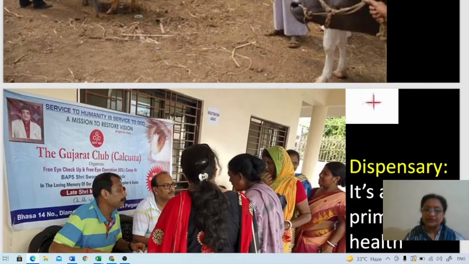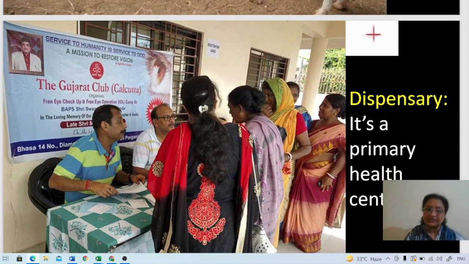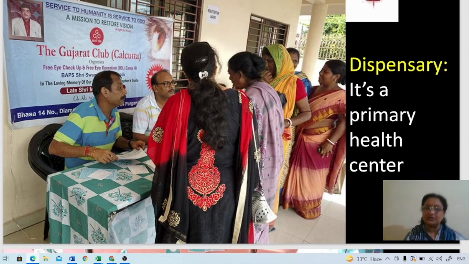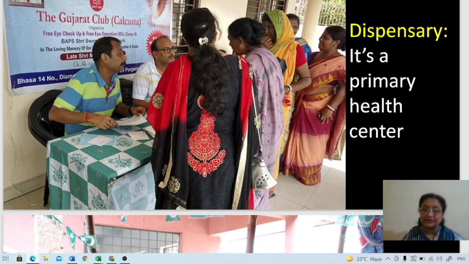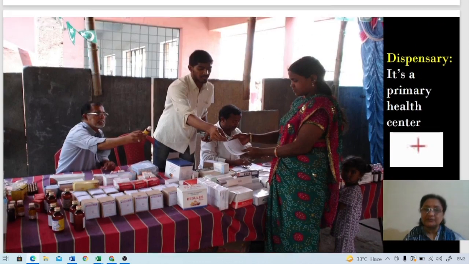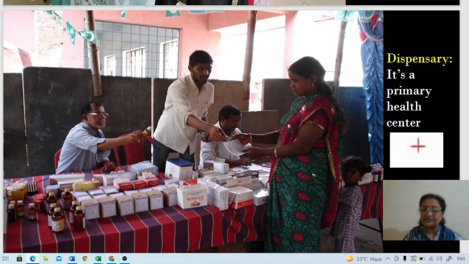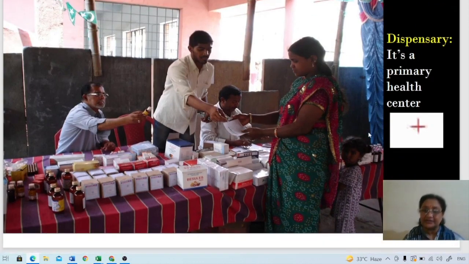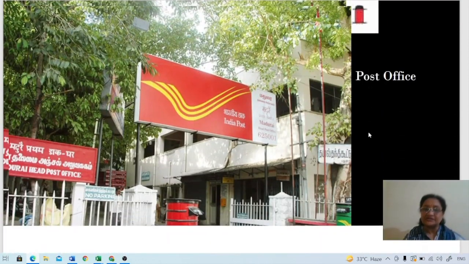Now come to the next one, dispensary, primary health center. It's a small hospital, you can say, and it is providing medical aid for the people. This is the dispensary. The basic service provided here is to provide medicines. Okay, next is the post office.